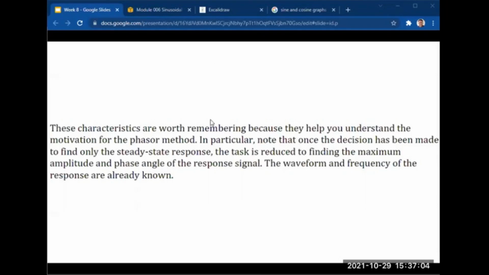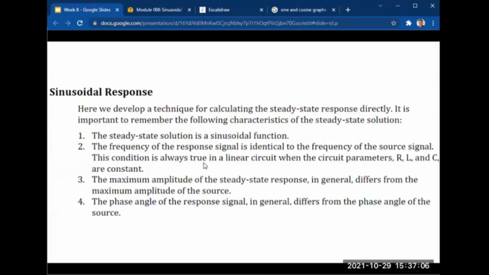It's already established that the response signal is identical to the source signal, so meaning omega t is the same. If the source is cosine, the response is cosine. If the source is sine, the response is sine.